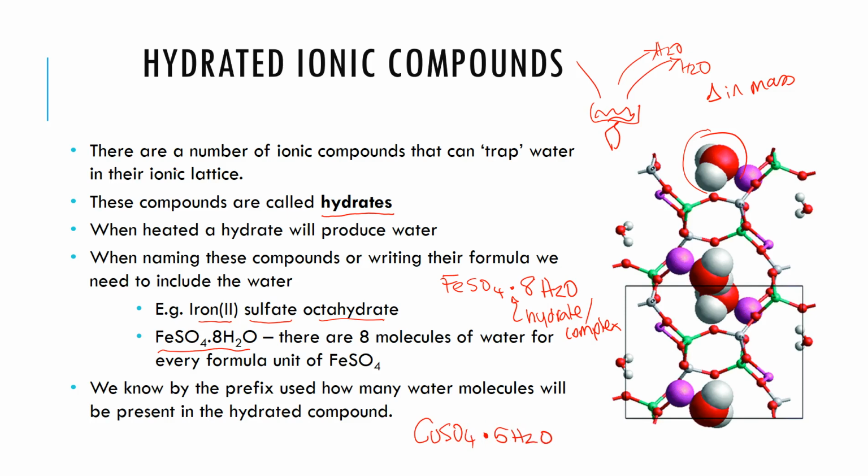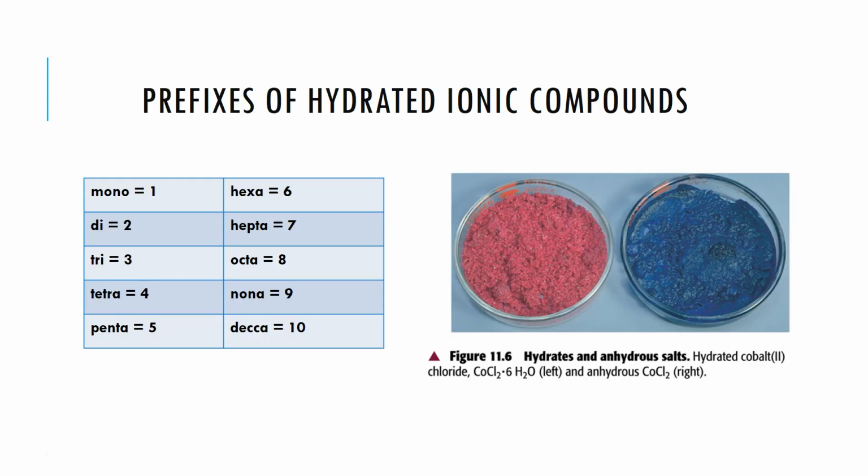We know by the prefix, octa or penta, how many water molecules will be present in the hydrated compound. The prefixes are the same as the ones we tend to use in maths: mono, di, tri, tetra, penta, hexa, hepta, octa, nona, deca.